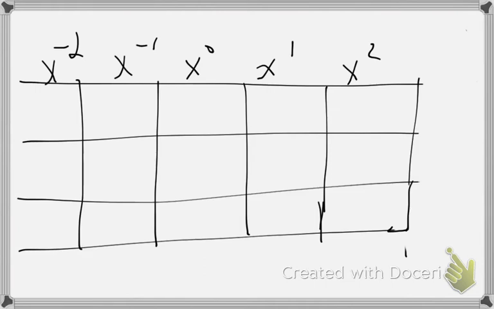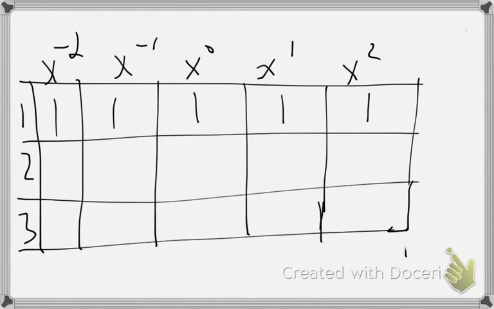So we're going to talk about patterns. If I have my numbers 1, 2, and 3, I know that 1 to the first power is 1, 1 to the second power is 1, and they're always just 1. 2 to the first power is 2. 2 squared is 4. I know I just said that if you have negative exponents, you make a fraction with a 1 on top, and whatever you get over here, you just copy on the bottom.